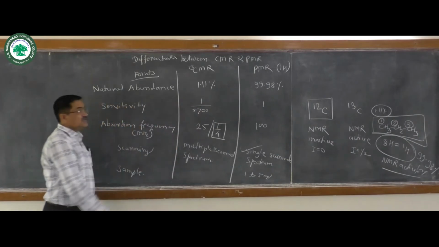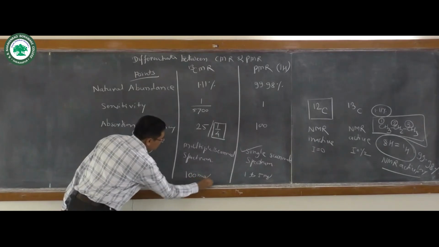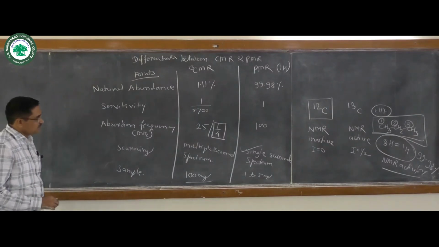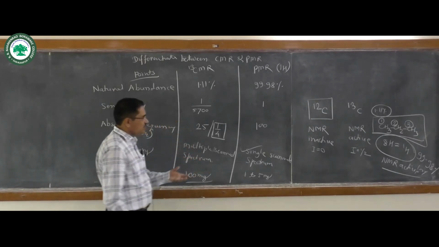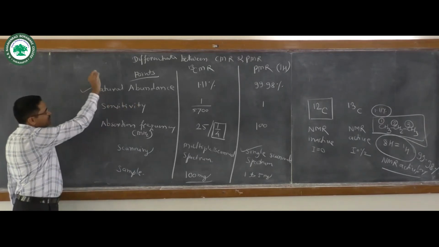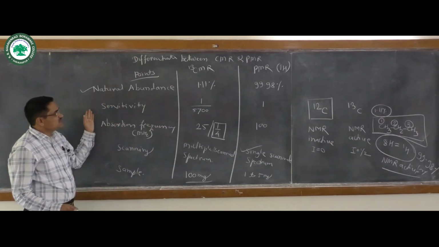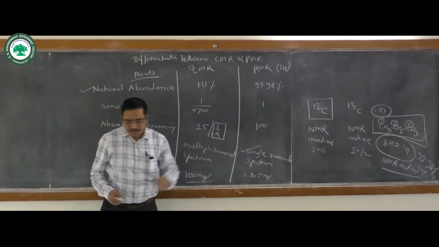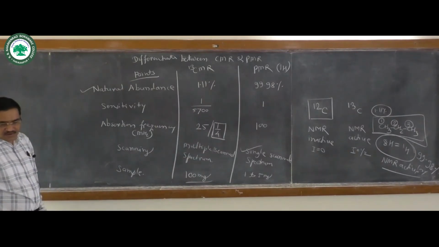But in case of CMR, we require more than 100 milligram sample for the spectrum, because not every molecule gives the spectra, because the natural abundance is only 1.11%, as well as the sensitivity is near about 6000 times less than PMR. So this is the major difference between CMR and PMR.